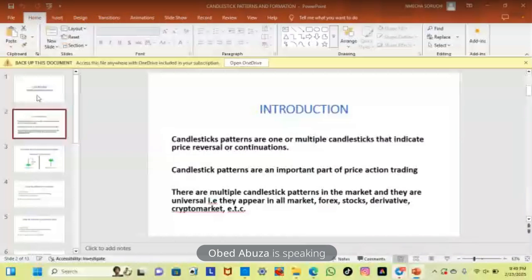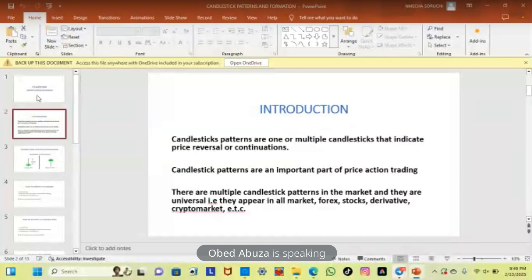So there are multiple candlestick patterns in the market, and they are universal. That is, they appear in all markets.